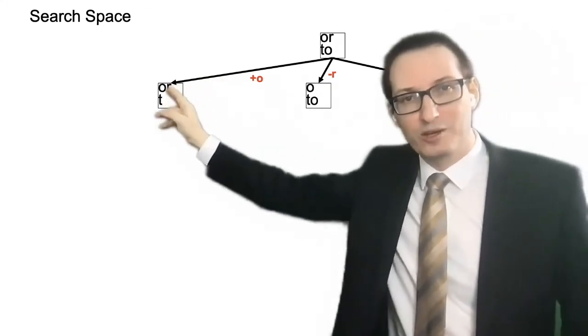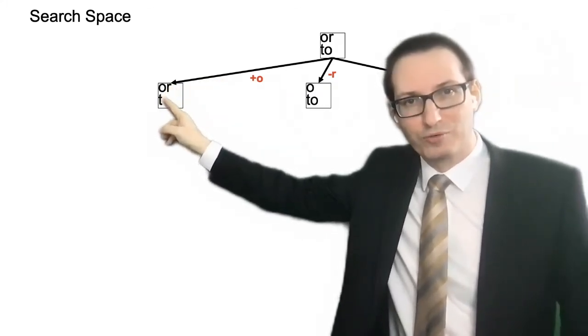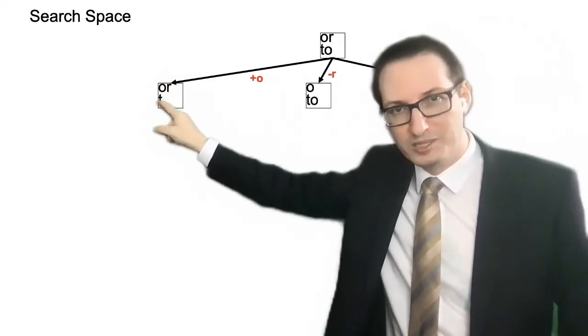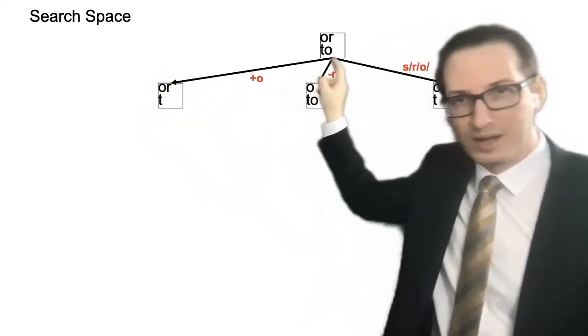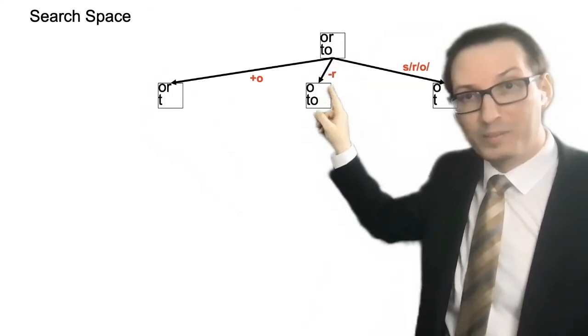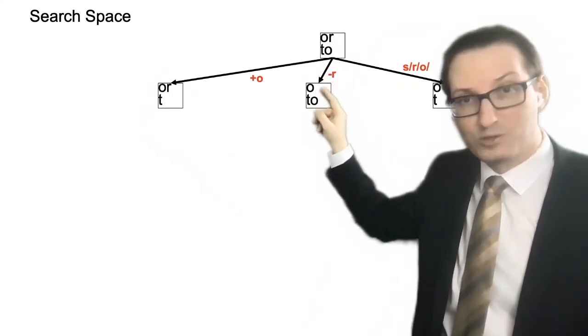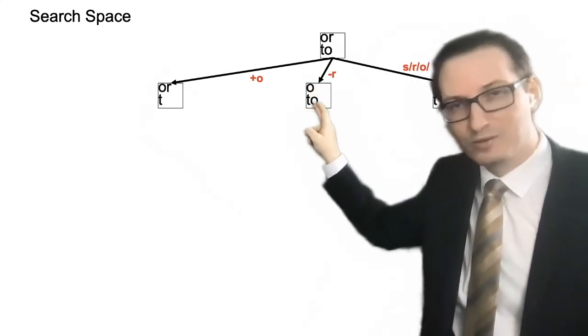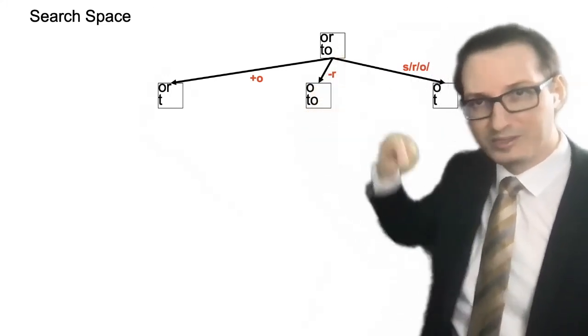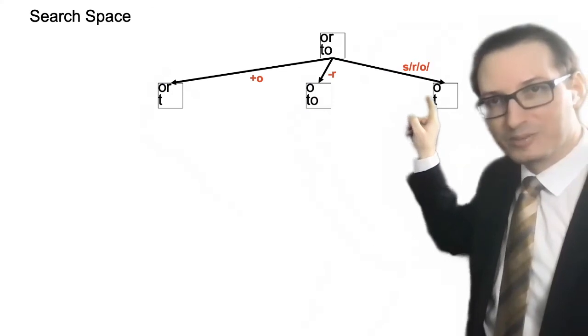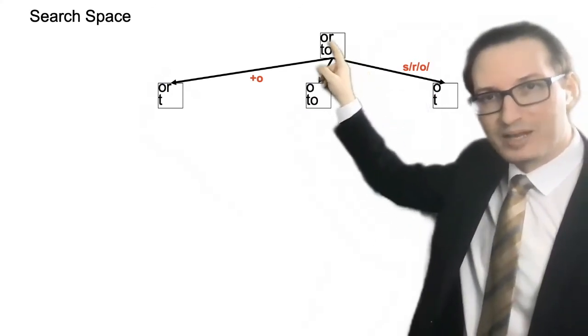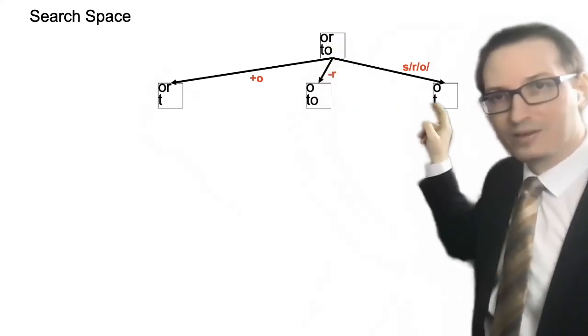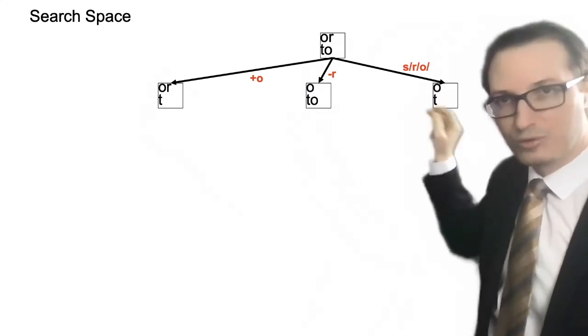So recursively, we go from, it's the other way around, from "or" to T, and then we add O, and that way we went from "or" to "to." Or maybe the last step was to remove R, right? So we had "or," we remove the R, then we recursively go from O to "to." Or that was a replacement. So we basically replace R with O, and then we recursively apply the part to go from O to T.